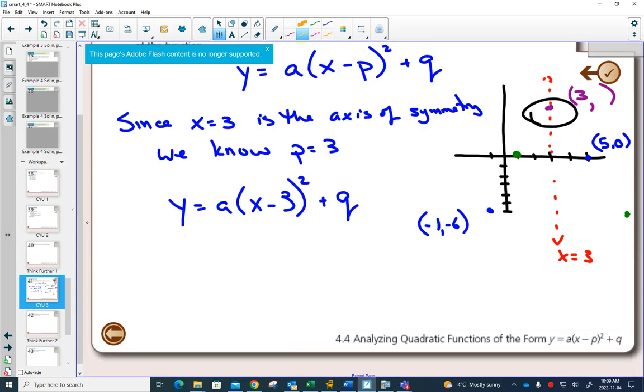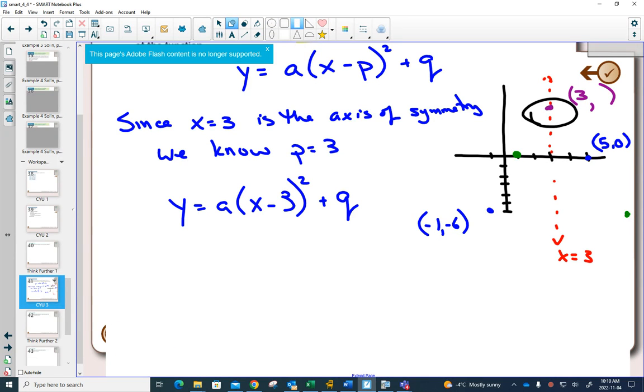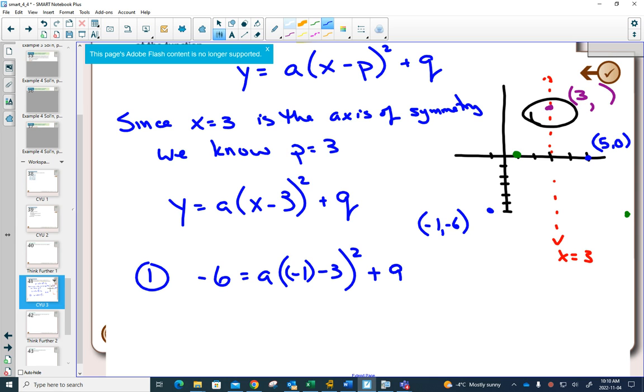So plugging in the -1 for x, so give me equation 1, and -6 for y. Can you see that -1 minus 3 is -4? -4 squared is positive 16.